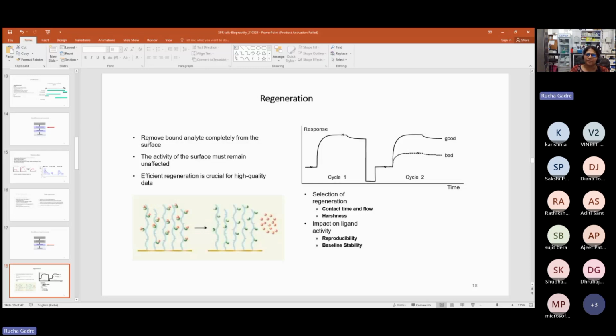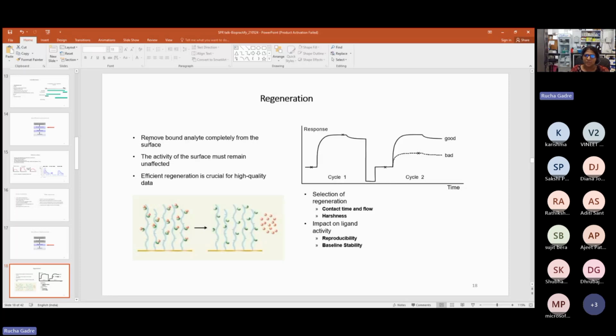As the analyte is flown we get the association, and when the buffer is flown we get the dissociation phase. If the analyte is not coming off completely, we need to remove it forcefully. That process is called regeneration, so that we can pass another analyte concentration or another analyte over the ligand.